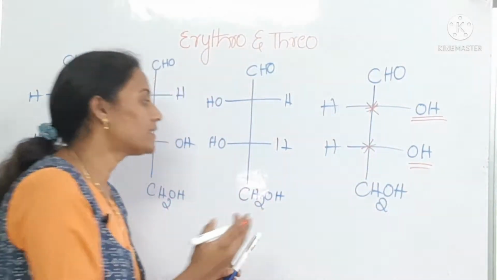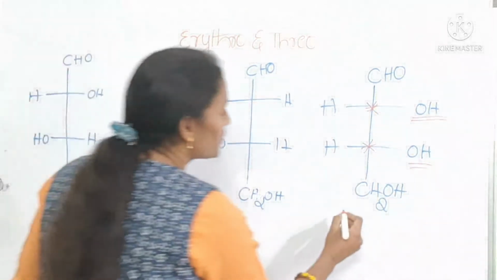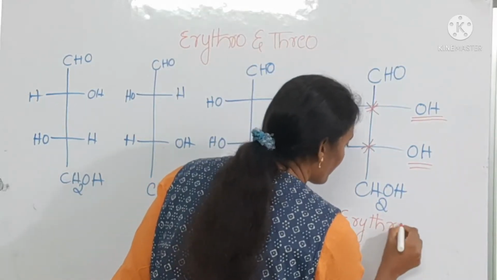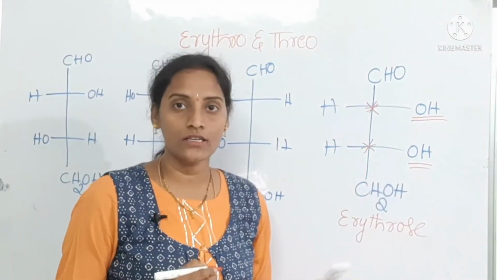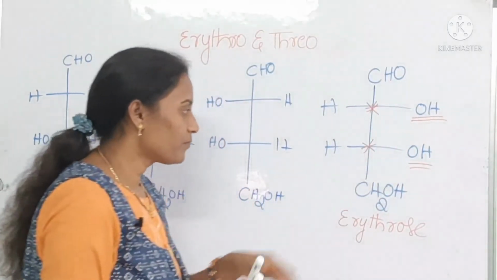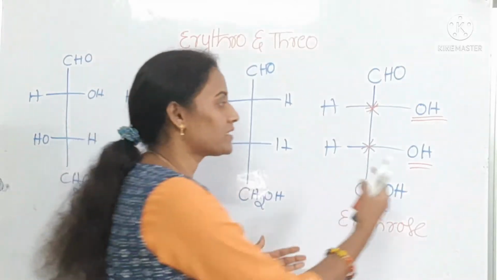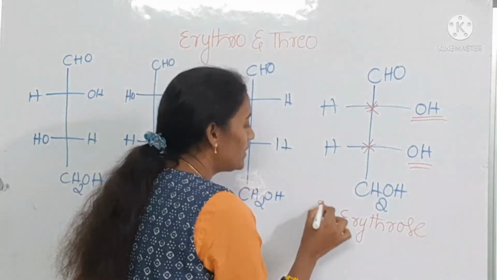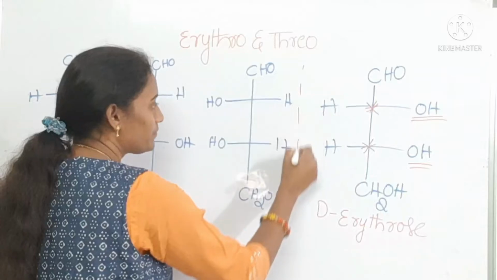Okay, so which conformation is it? It's an erythro conformation. So it is erythros. And you have to write another thing also here. See, at the bottommost asymmetric center, which side is the OH group present? It is present on the right side, so you can write D erythros. Okay, coming to the mirror image of this one.